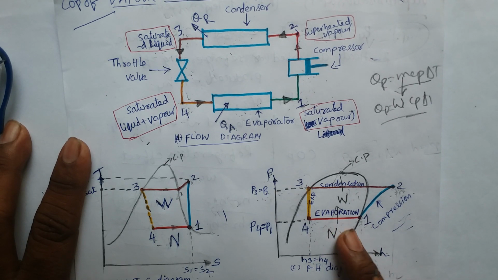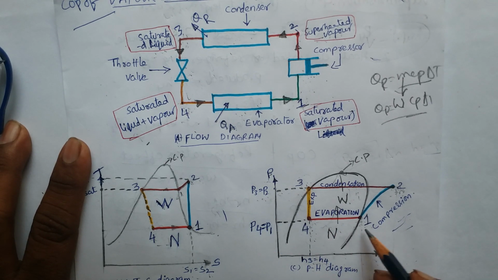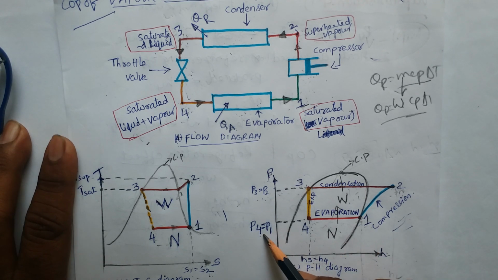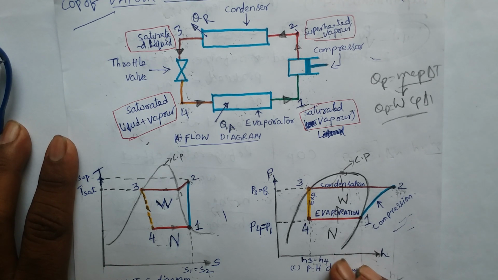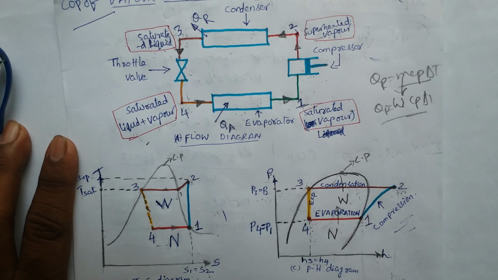At constant pressure, P1 is equal to P4, and T1 is equal to T4 also. So the heat absorbed, or refrigeration effect produced, is H1 minus H4.